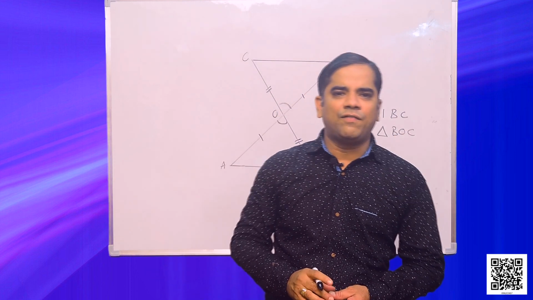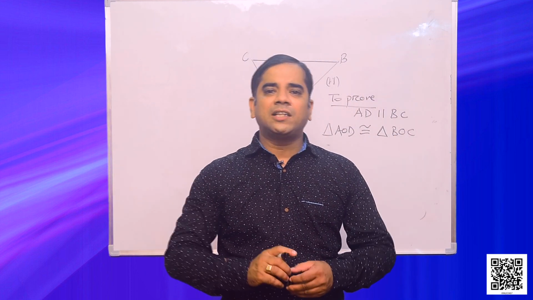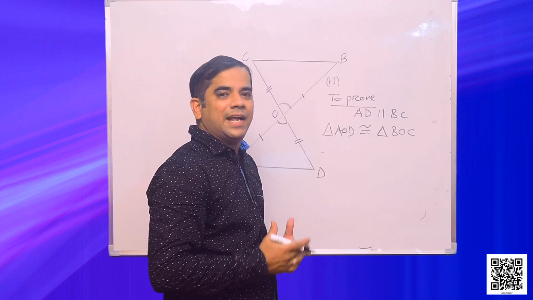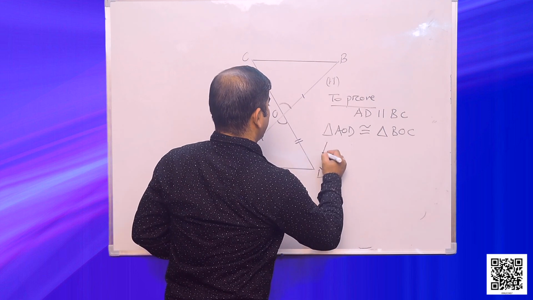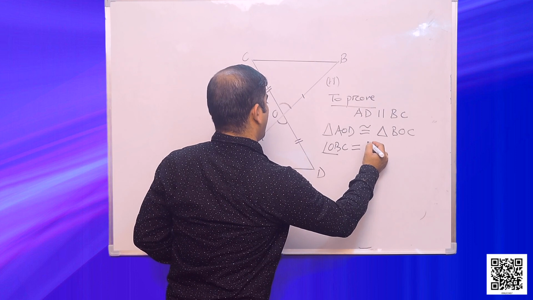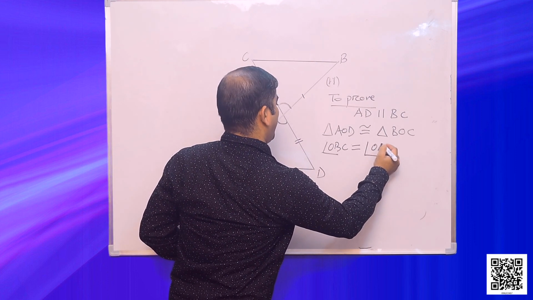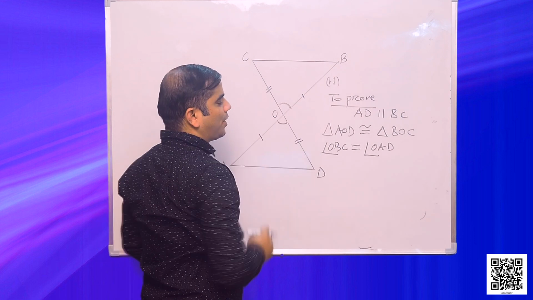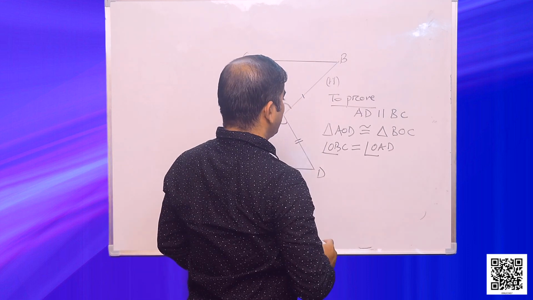So, in case of congruent triangles, the other corresponding parts are also equal, isn't it? So, in this way we can say that angle OBC is equal to angle OAD because they are corresponding angles.